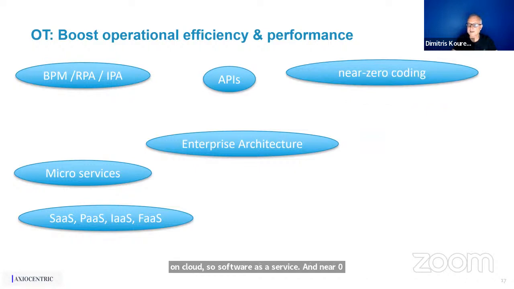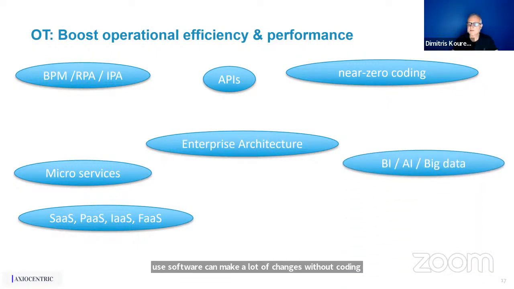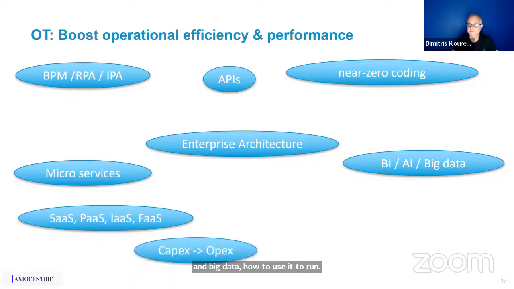Near zero coding is very, very important, so that people who use software can make a lot of changes without coding to customize it to their needs. We're talking about business intelligence and AI and big data, how to use it to run your business faster and better. Everything moves from CapEx investment to OpEx.